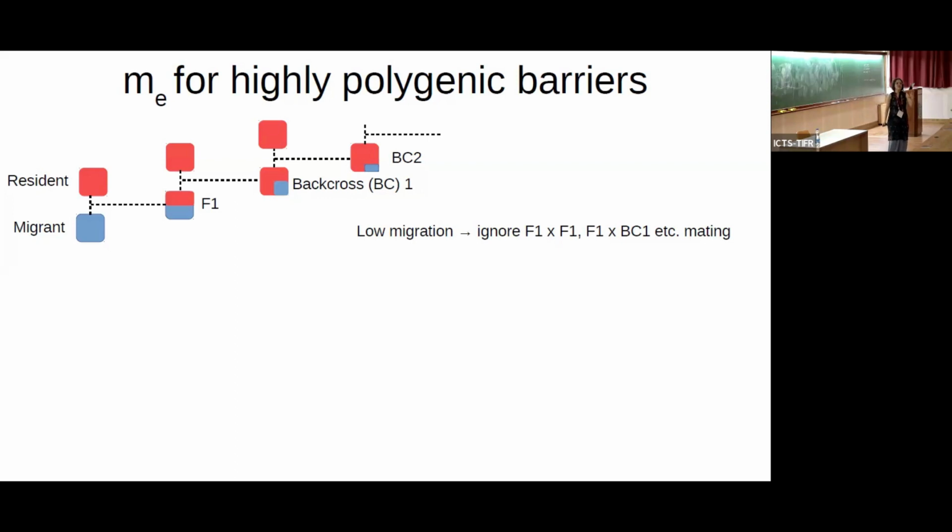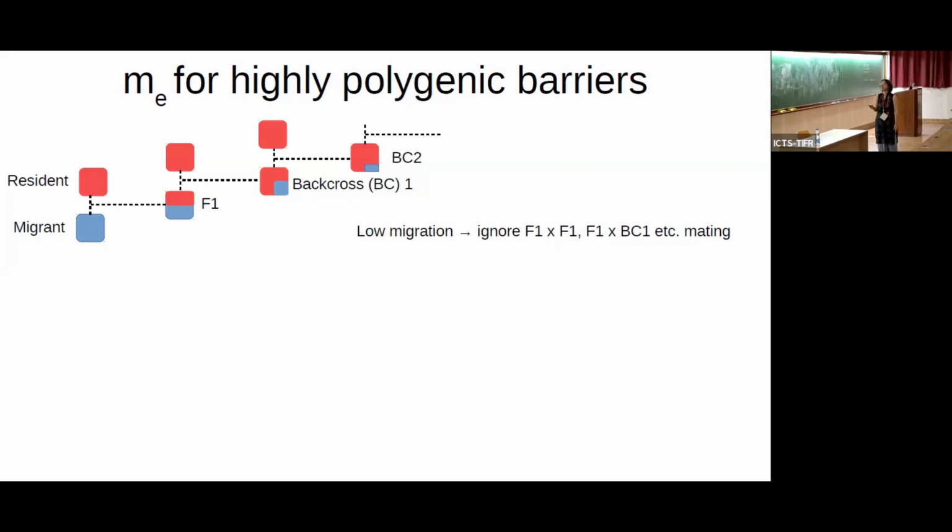And of course, there is some segregation variance, not for F1 so much, but for later generations. I'll just come to that. And now, if migration is low, and by low, I just mean that it's not that NM is low, that's not the number of migrants is low, but M is low. So migration rate per generation is somewhat low.